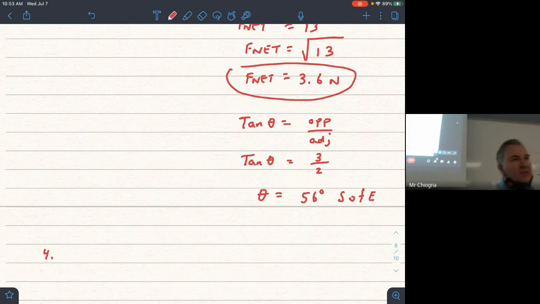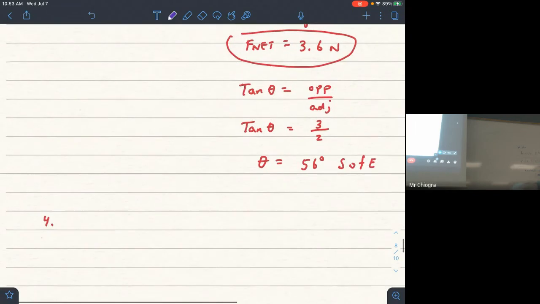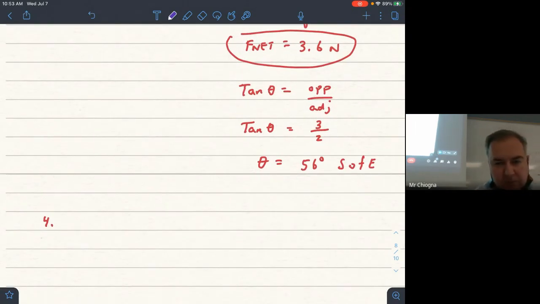Read over 4. 4 is a little more difficult. I'll draw it out for you. Okay, so 4, we have a 2 Newton vector east.